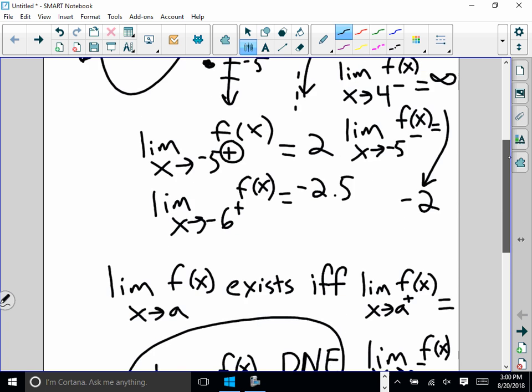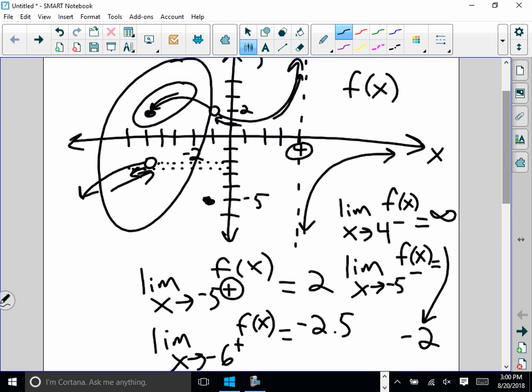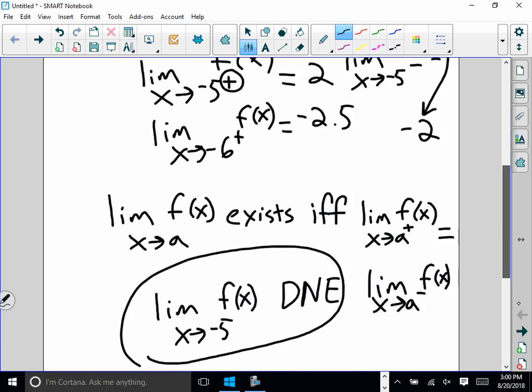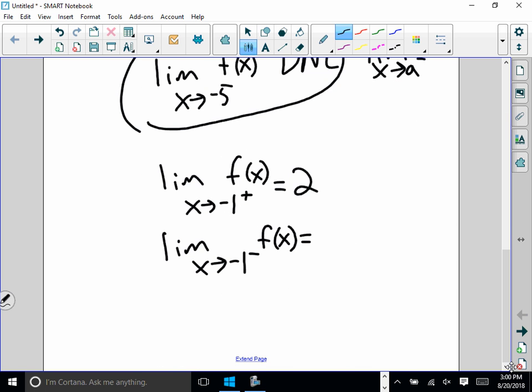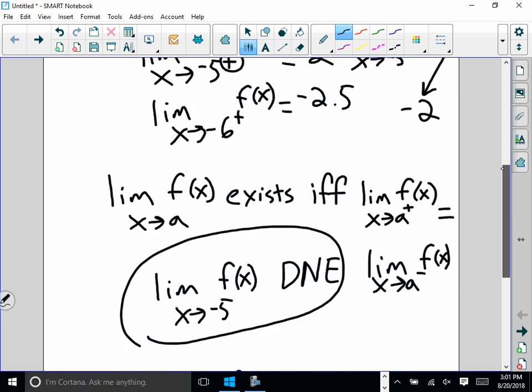When we approach -1 from the left-hand side, again, what y value do I keep getting closer and closer to? Take a pause and think about it. The left-hand limit, then, when I approach from the left side, our limit is also 2. Both the left and the right sides are approaching that same value.